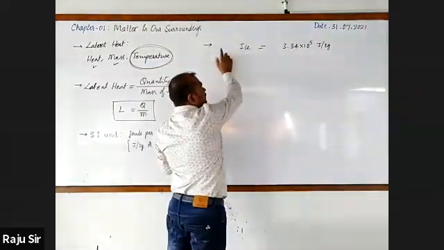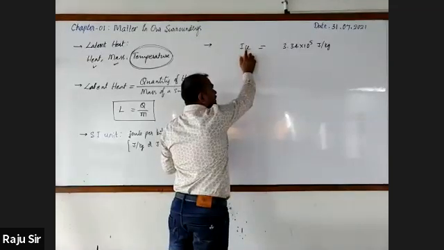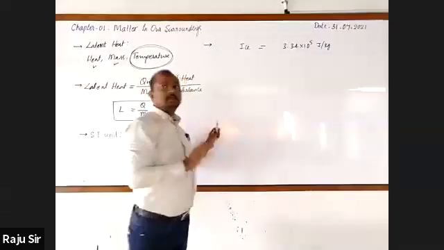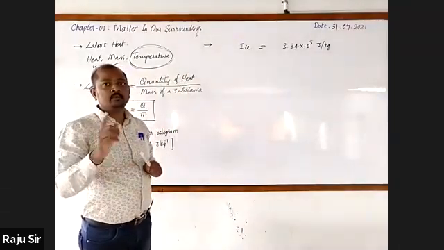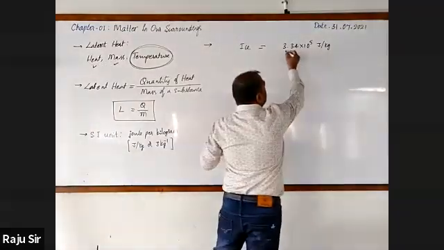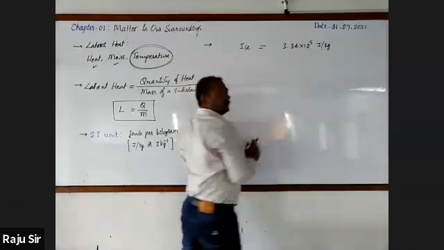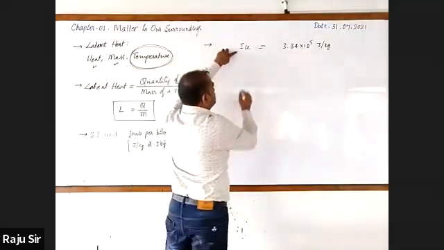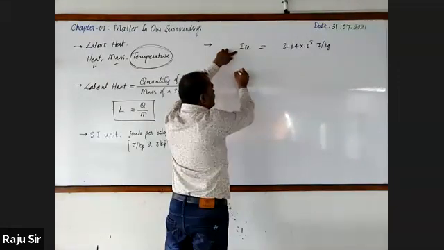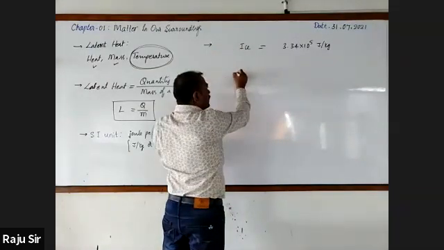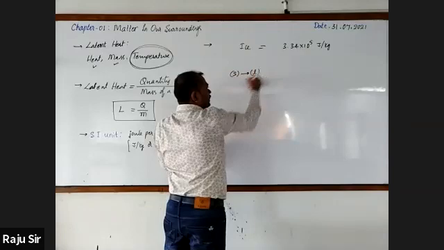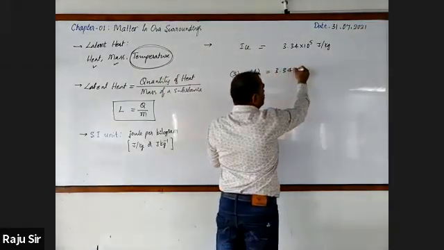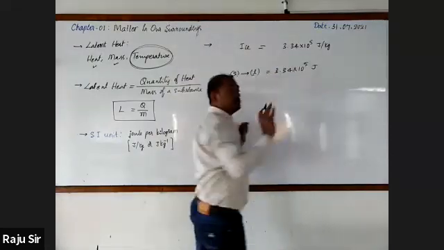First, I'll read the statement. Latent heat of ice is 3.34 into 10 raised to the power 5 joule per kilogram, which means that the amount of heat required to change the physical state of a substance, ice, of 1 kg from solid to liquid is 3.34 into 10 raised to the power 5 joules.